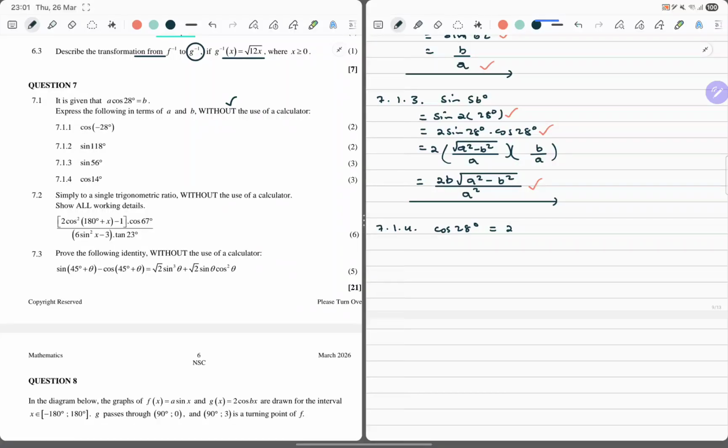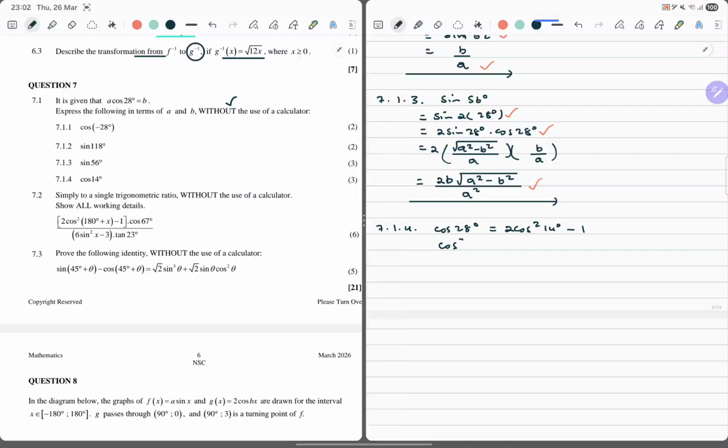This is the same as cos 2 times 14 degrees. Or we can actually stop there and just keep that in mind. This is 2 cos squared 14 degrees minus 1. Yeah, I think this one makes sense. And then we make cos squared 14 degrees the subject.